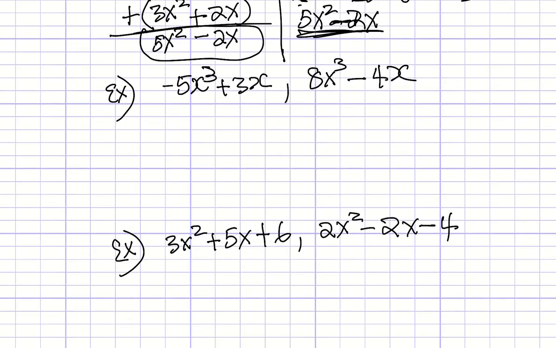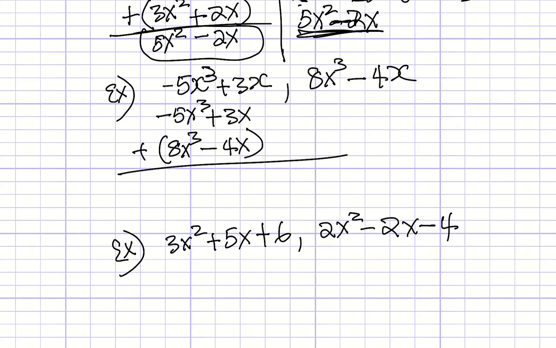Let's do them vertically because it helps you see clearly. Minus 5x raised to the power 3 plus 3x, and then you add this one here, 8x raised to the power 3 minus 4x. Just add that. What do you get?